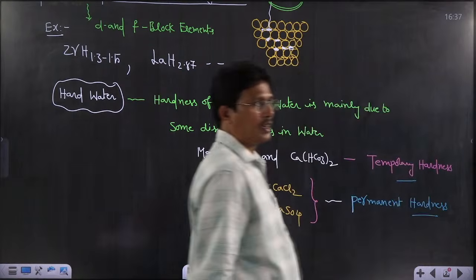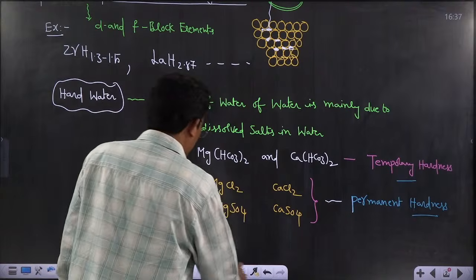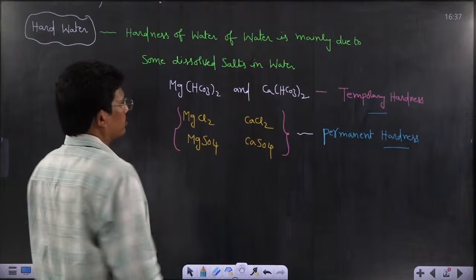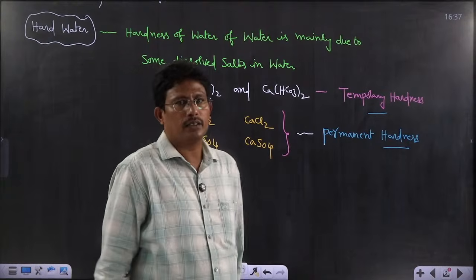Okay, hardness of water is two types, temporary and permanent. Temporary hardness is removed easily by simple techniques, simple methods.